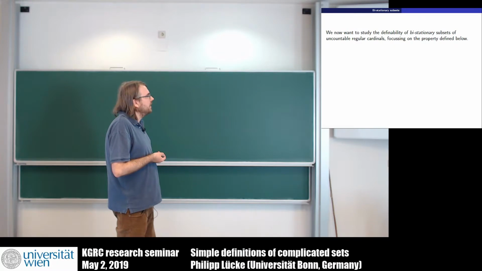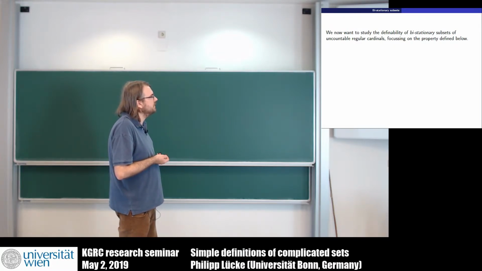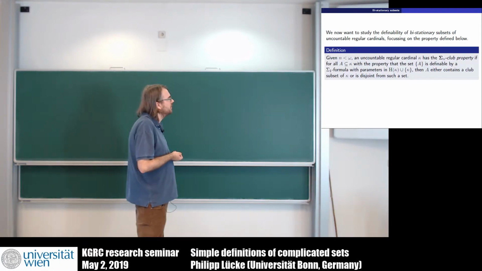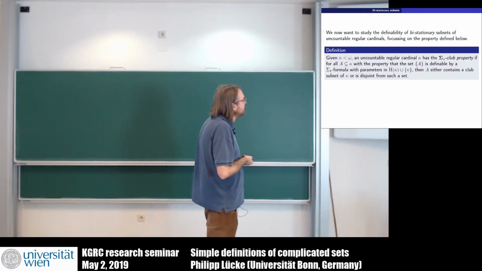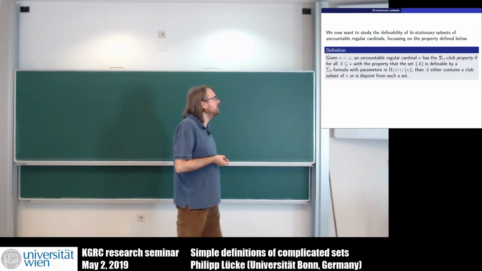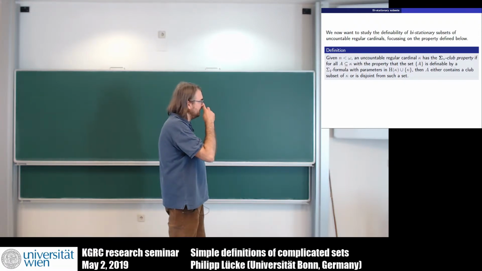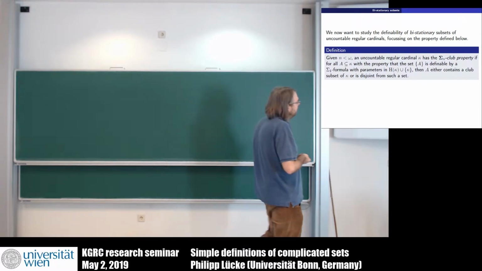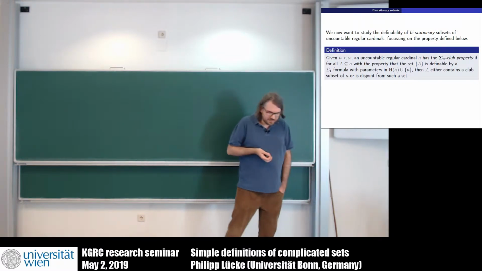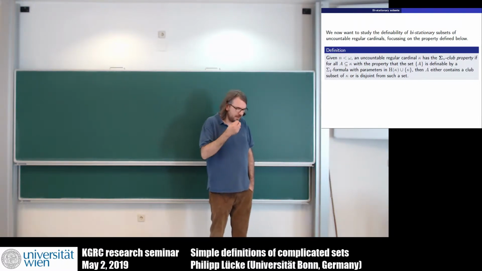And I want to study these sets focusing on the following properties. I fix some n, and I say that some uncountable regular cardinal has a sigma n club property if basically there are no bistationary sets that are sigma n definable.